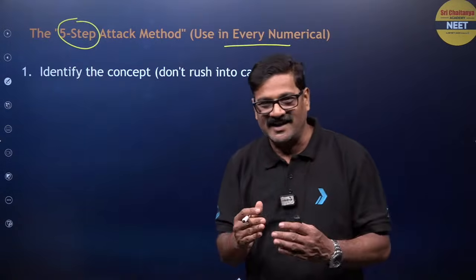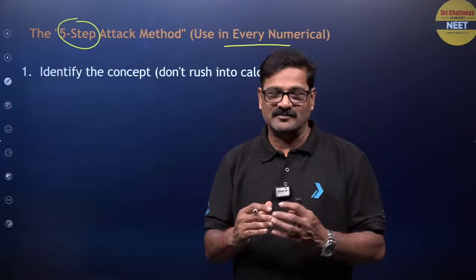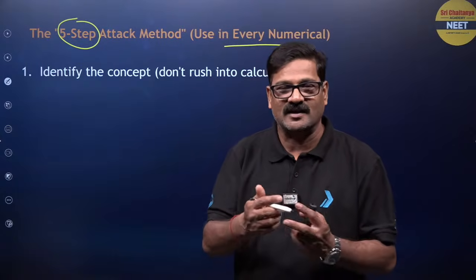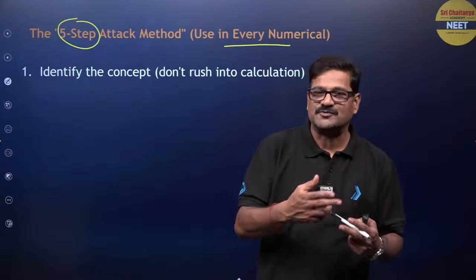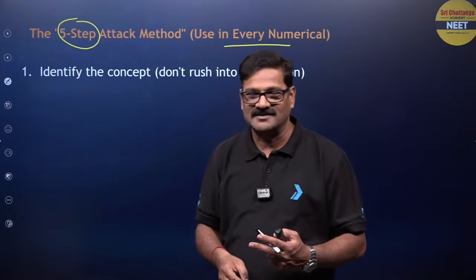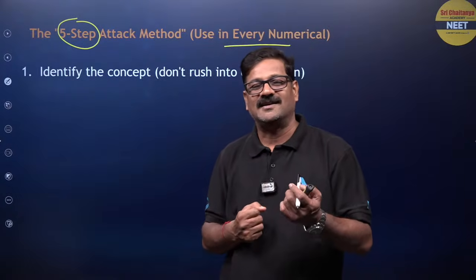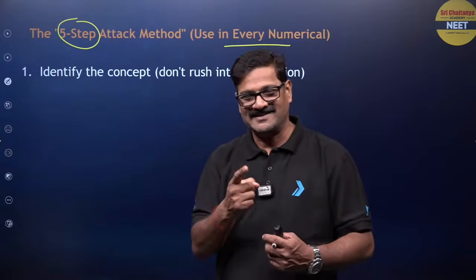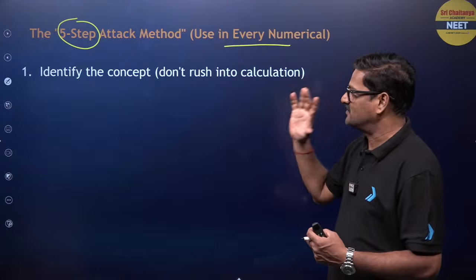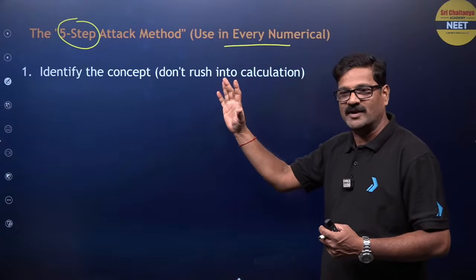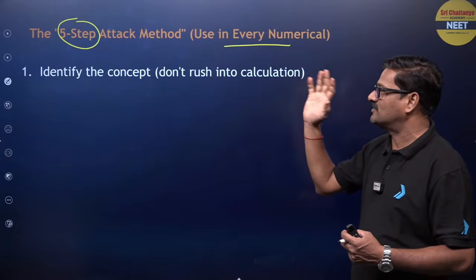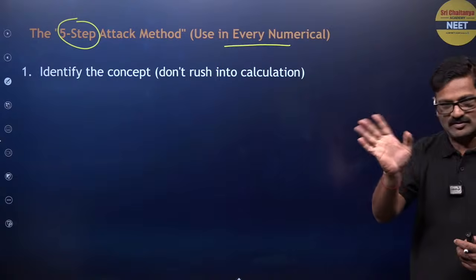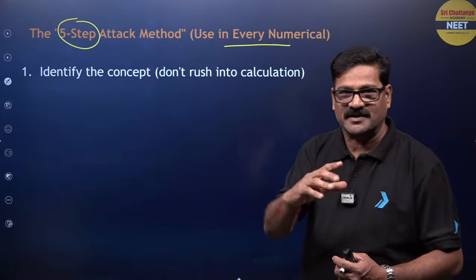When you take an arm, or simply a gun, there are some steps you need to go through: take it, cock it, aim it and fire it. Similarly, there are some steps to attacking the numerical. So identify the concept. Don't rush into the calculation. First see the identification.